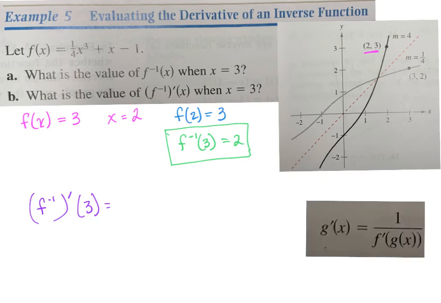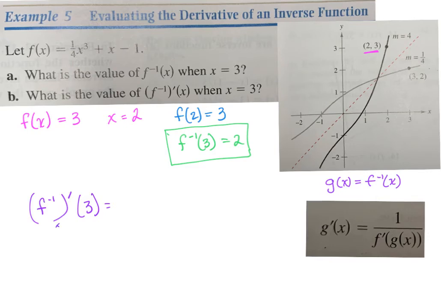The formula they gave us has g being the inverse of f. In the explanation over there, g of x is the inverse of f. You could write that both ways. This is what we're looking for.